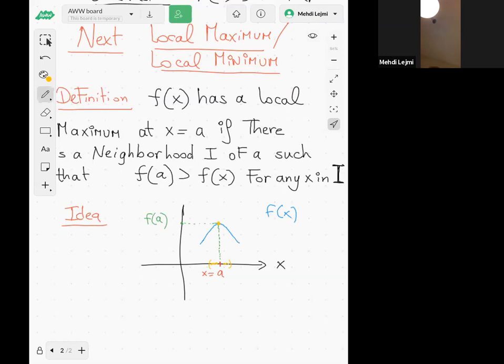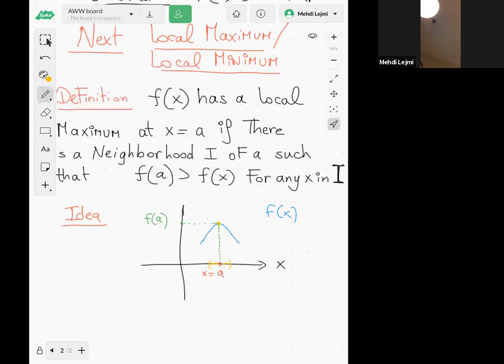Can I read my definition? Yeah, sure. So I'm saying f of x has a local maximum at a, x equal to a, if there's a neighborhood I of a. What I mean by neighborhood I of a is a small interval about a, such that f of a would be larger than f of x for any x in the neighborhood I. So the neighborhood is this.